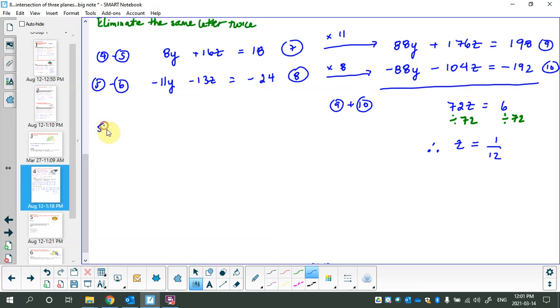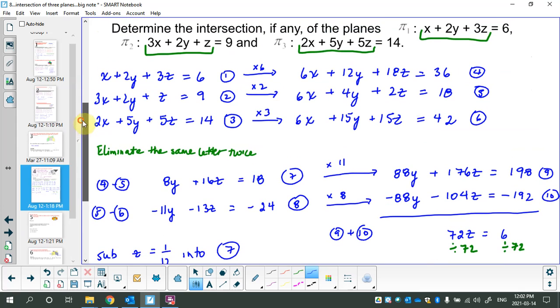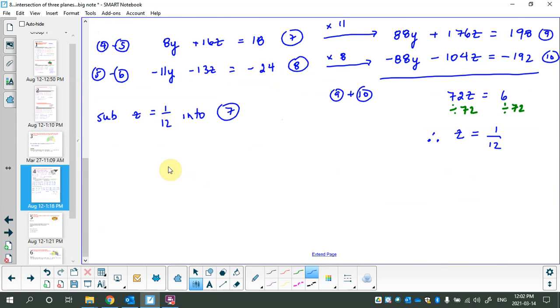I'm going to sub z equals 1 over 12 into number 7, because it's the non-negative one. That will turn my z into a number and leave only a y. So if I go any higher than that, I've got too many letters. I'll have to do that in a minute.